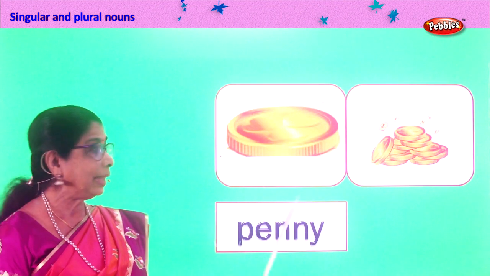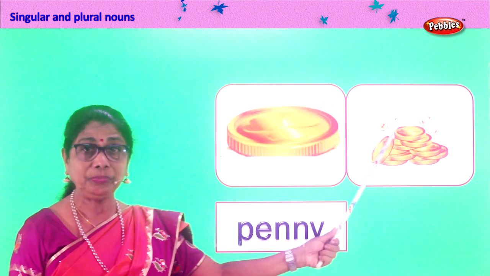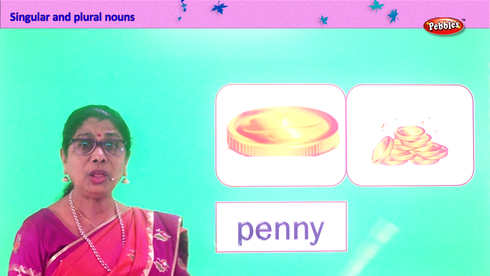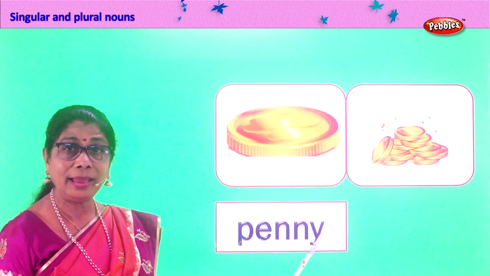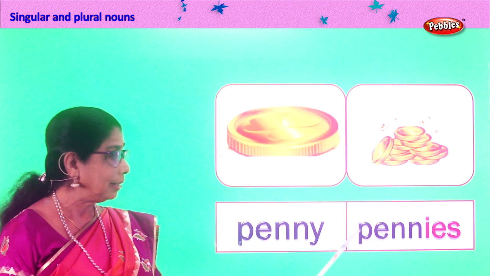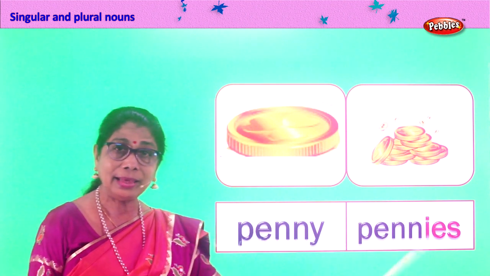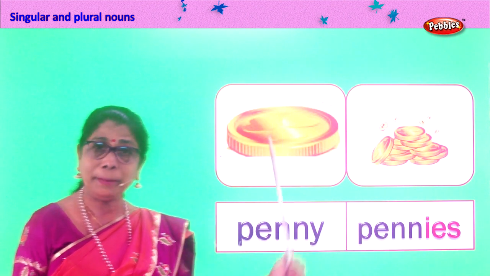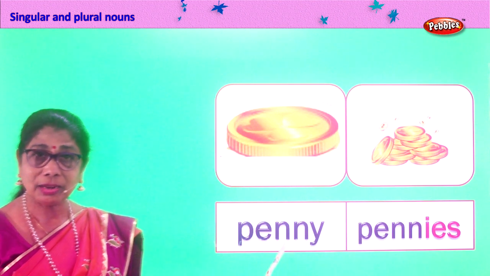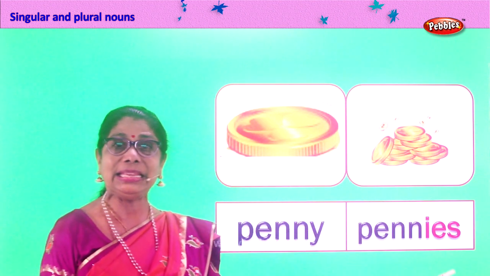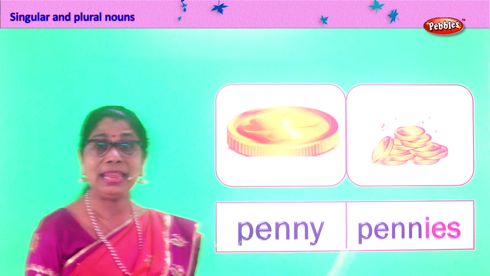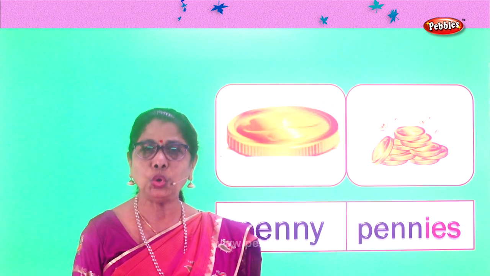Penny. One penny. And we have several of them. To form the plural, we take away Y, add I-E-S. P-E-N-N-I-E-S. You have one penny, singular. You have several pennies, plural. Penny, pennies, plural form.